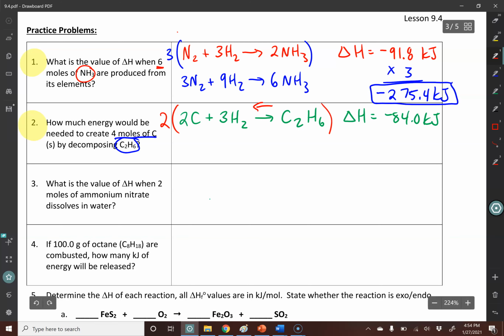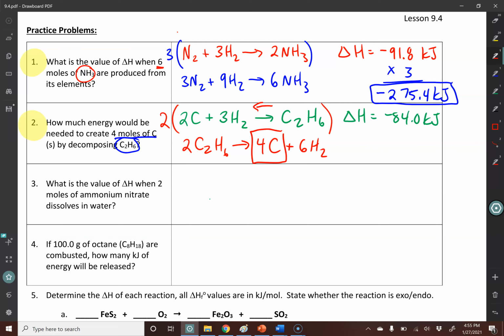So I need to reverse this reaction, ultimately producing 2C2H6 yields 4 carbon plus 6H2. Sorry about that, I did the math wrong. Okay, so now it's producing 4 moles of carbon. I've got to do the same thing to delta H that I just did to my equation. I've got to multiply by 2, and I need to flip the sign since now I've got the reverse reaction occurring.